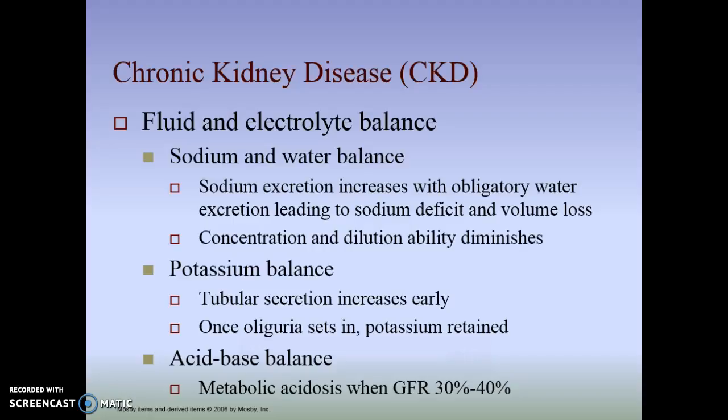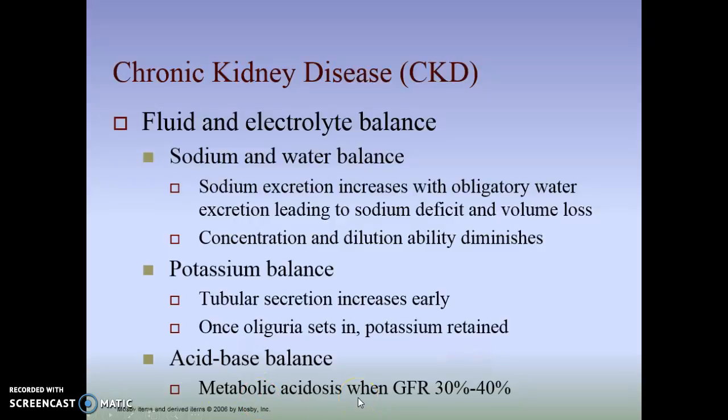Fluid and electrolyte balance, or imbalance, so to speak. Sodium excretion increases with obligatory water excretion, leading to sodium deficit and volume loss. So the concentration and the dilution ability of the kidney diminishes. There's an issue with potassium balances, and then leading to acid-base balances.